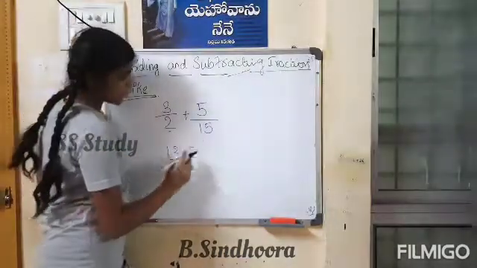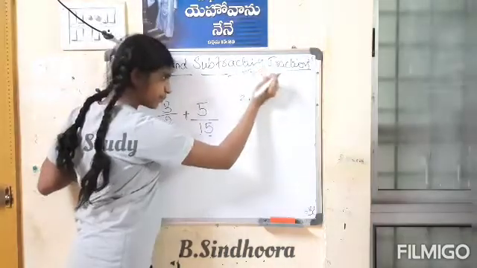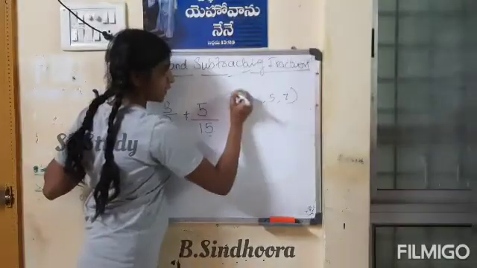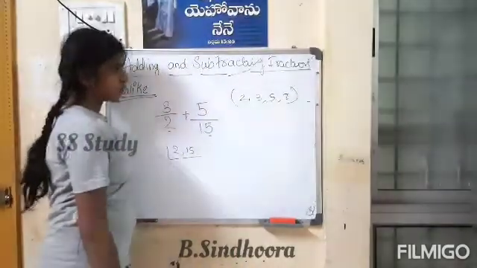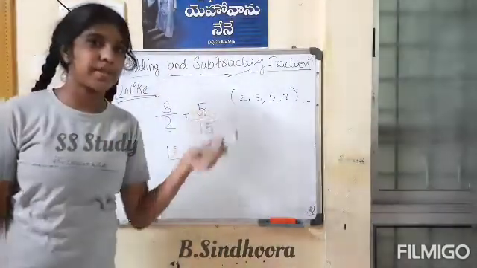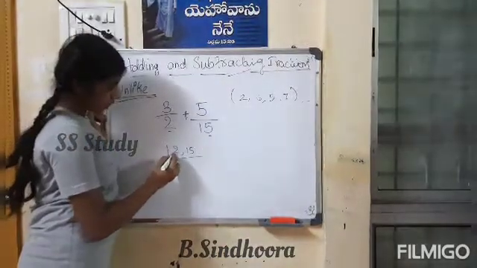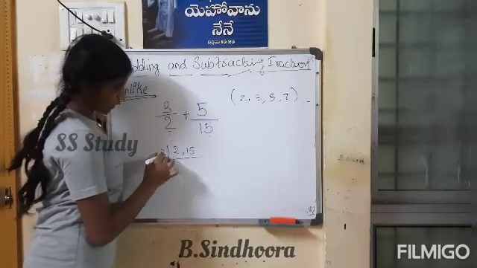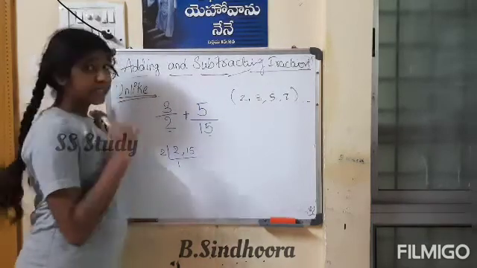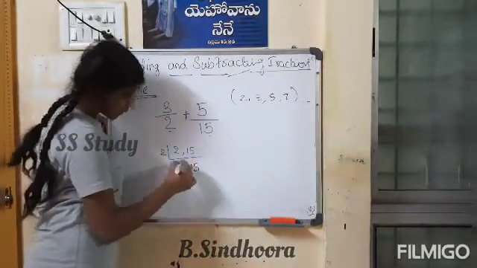First you need to take the prime factors: 2, 3, 5, 7 and so on. Mostly these prime numbers are used. Let me use them for these denominators. First 2: 2 ones are 2, and 15 is not in the 2 table, so I write it as it is.